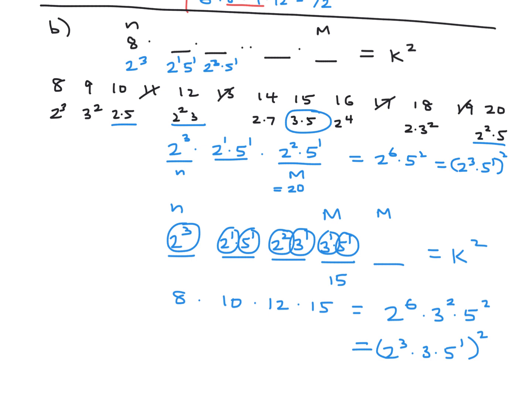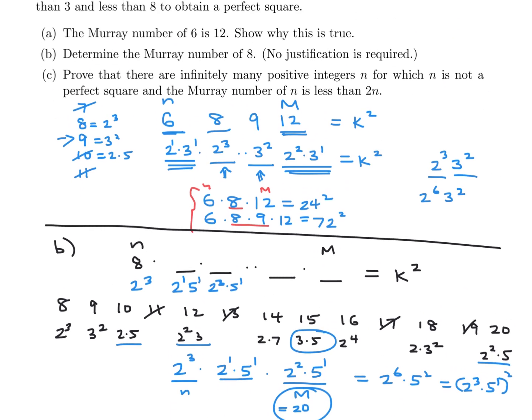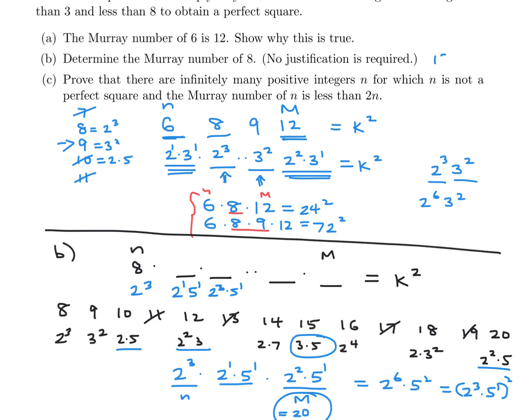Yeah, so that makes the m 15, and that means that m equals 15 is a better candidate because it's smaller than 20. And I think m equals 15 is the smallest. I don't think you can go anything smaller than that. So the Murray number of 8, which is I think what they're asking, is 15.